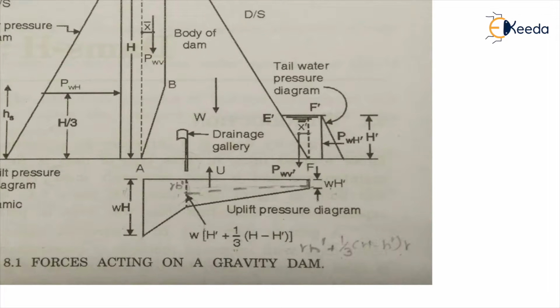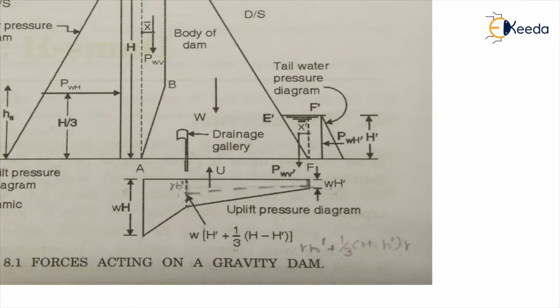In the construction of a gravity dam, it is not possible to build it in one length itself. We have to divide the dam into various sections and give joints in between them. So through the joints, fissures, pores and cracks, some water will seep into the body of the dam, and this pressure exerts a force in the upward direction.